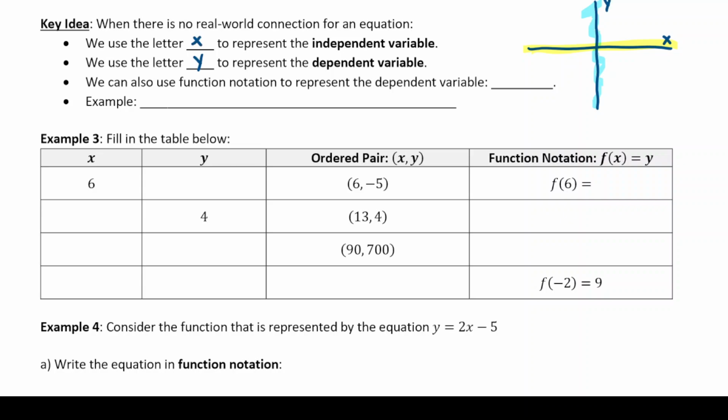So x and y, and that probably feels familiar to you, seeing the letters x and y in some equations that you worked with before. But instead of y, if we want to use function notation instead, we could write y, or we could use f of x.